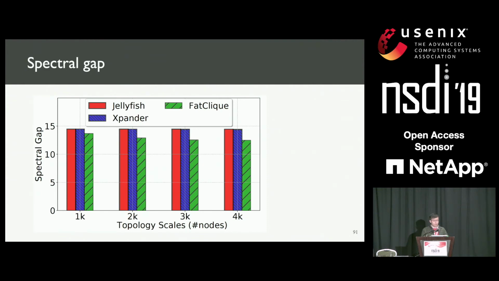So we computed the spectral gap, and since FatClique has more regularity, it sacrifices some spectral gap. But we didn't observe an obvious trade-off between spectral gap and the metrics we consider. And for the performance part, we didn't do experiments on real throughput, so we will leave it for future work.